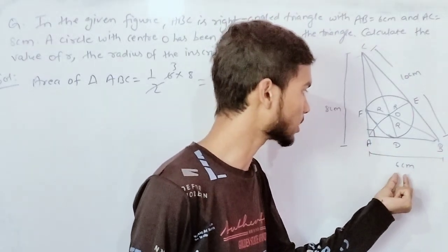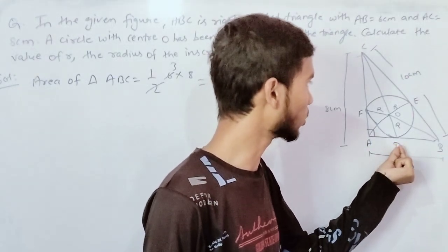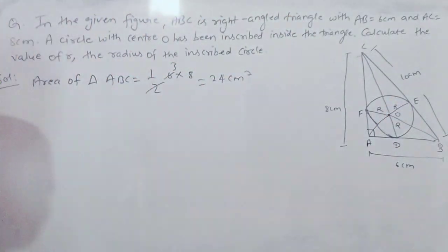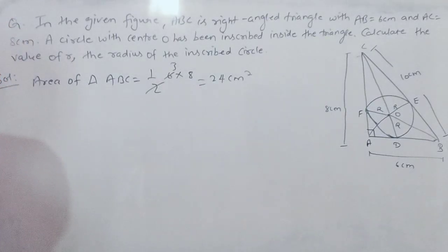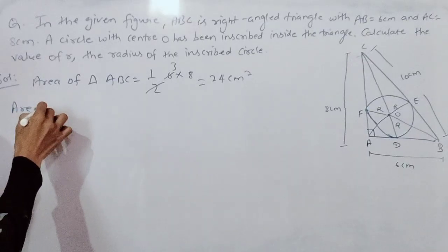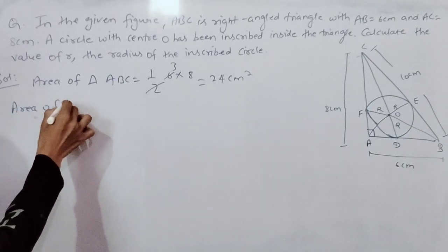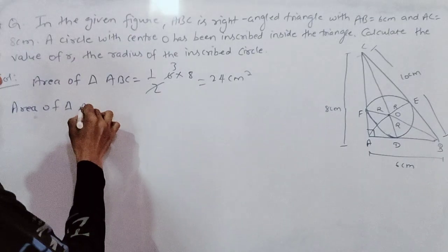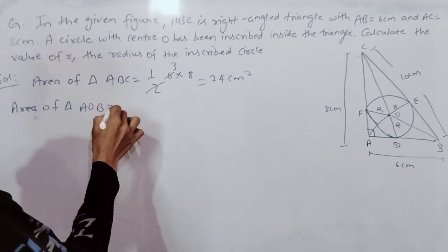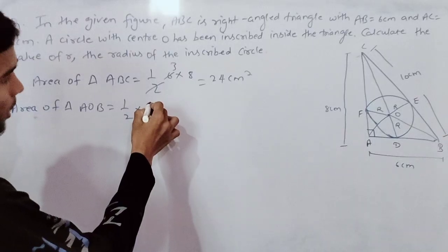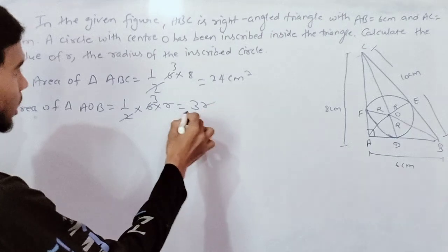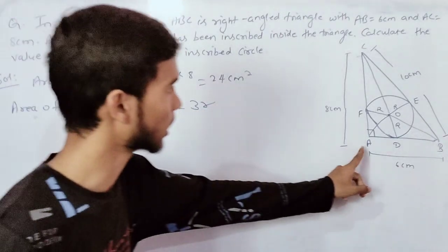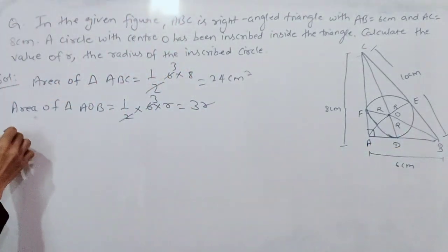AB will be the base and OD is the radius, so we will take it as the height. Base multiplied by height, so area of triangle AOB is 1/2 multiplied by 6 multiplied by r, 2 3s are 6, so 3r.